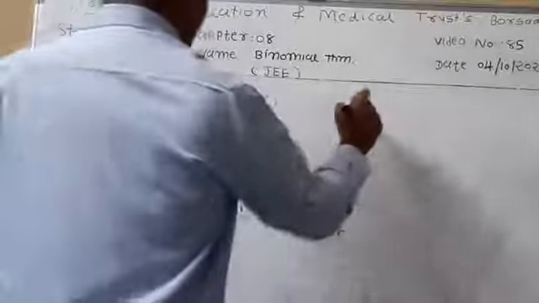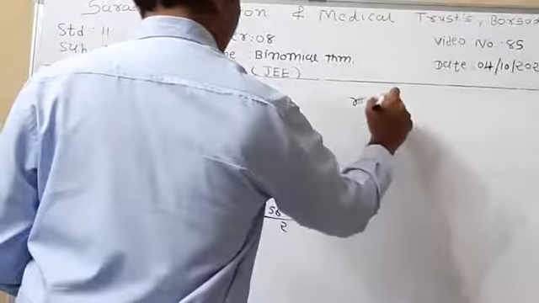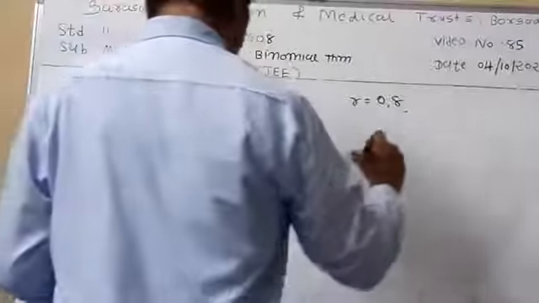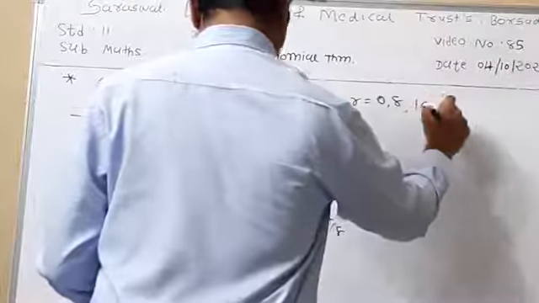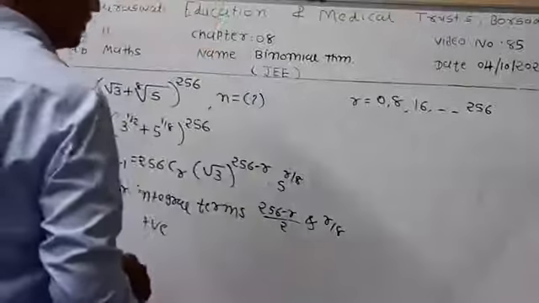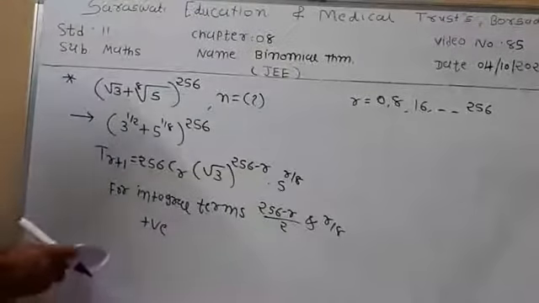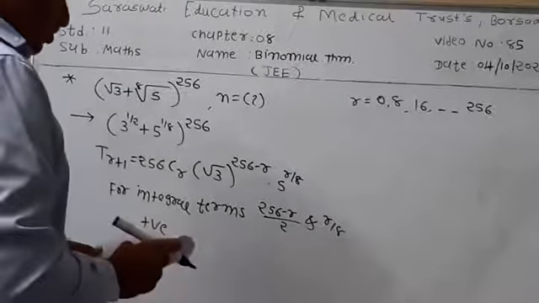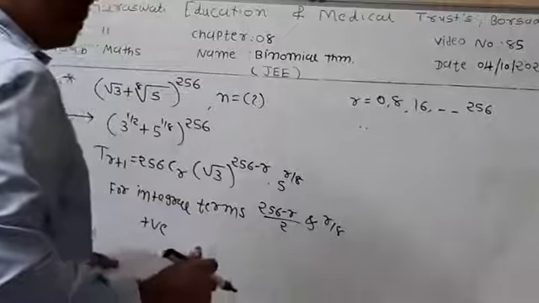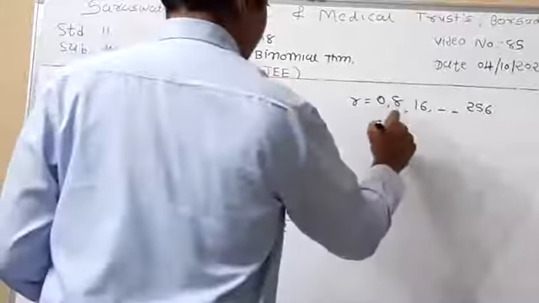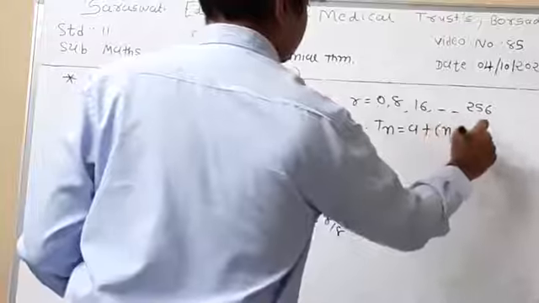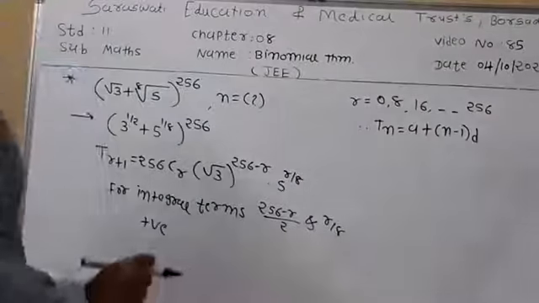That means here r is equal to 0, 8, 16, up to 256. Right? So now, using the arithmetic progression, Tn is equal to a plus (n minus 1) times d.